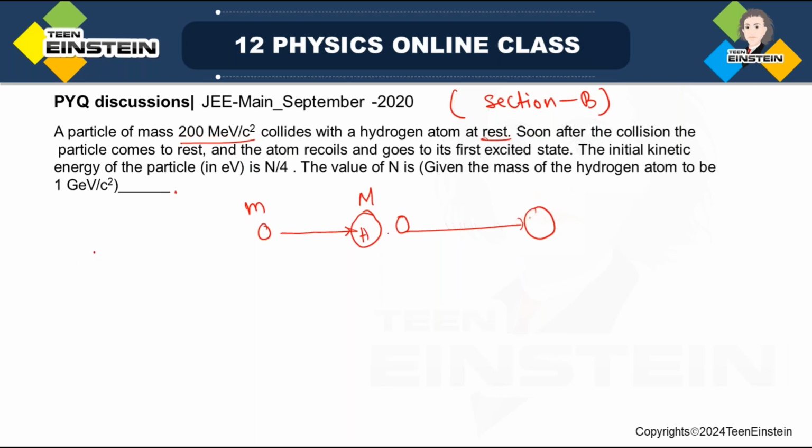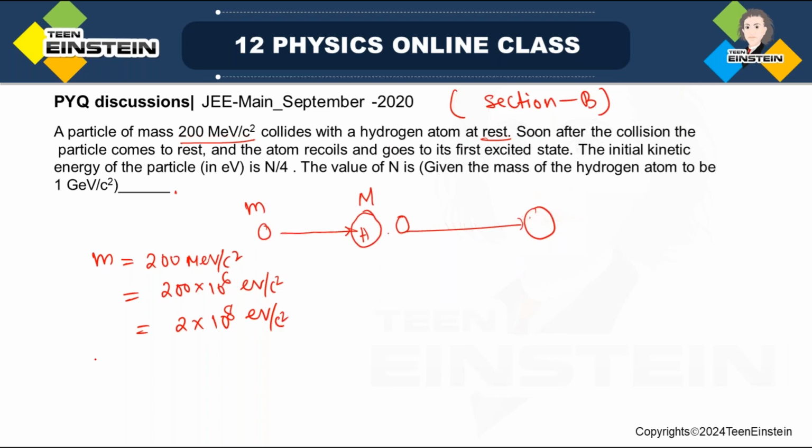So let me write the particle's mass as small m. How much? 200 MeV by c square. That means in electron volt, you will get 200 into 10 to the power 6 eV by c square, which is 10 to the power 2 into 10 to the power 8 eV by c square.